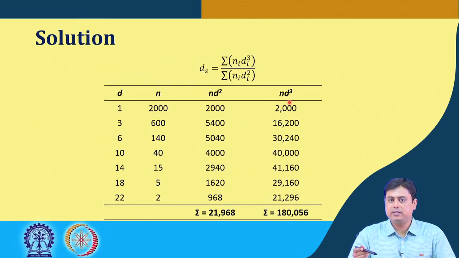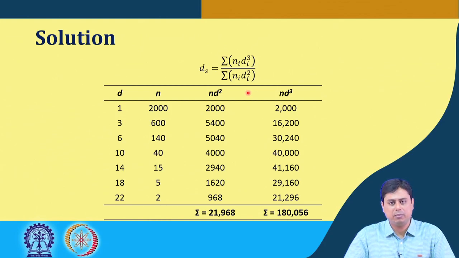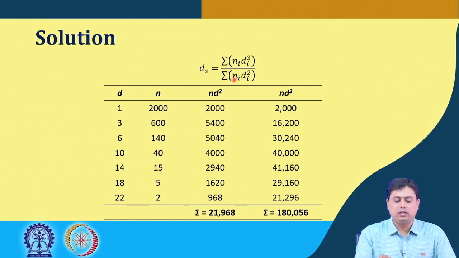To calculate the specific surface area, we have to have a mean diameter, and here we have calculated a surface mean diameter, which can be based on either the number distribution or the mass distribution. You can calculate by any one of these methods.